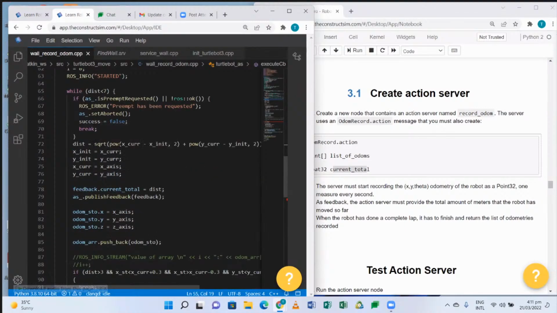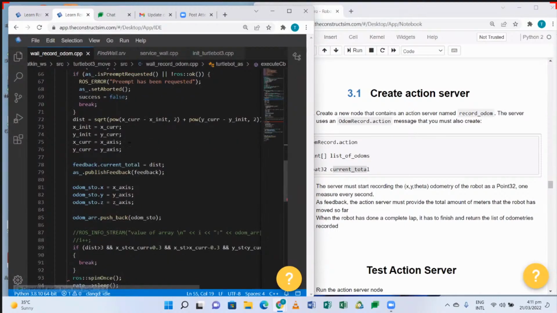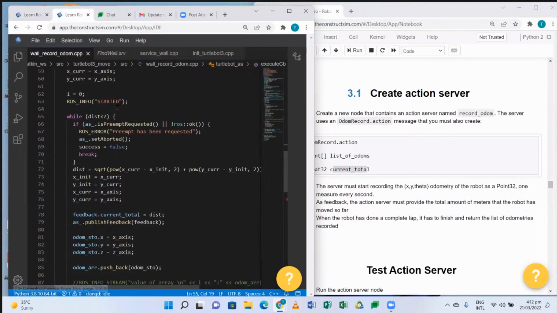Now here is the distance calculation, and the formula is very easy: x current minus x initial squared, plus y current minus y initial squared, and the square root of this would give us the distance. And after calculating the distance, the initial values would be equal to the x current and y current values, which were the previous values.